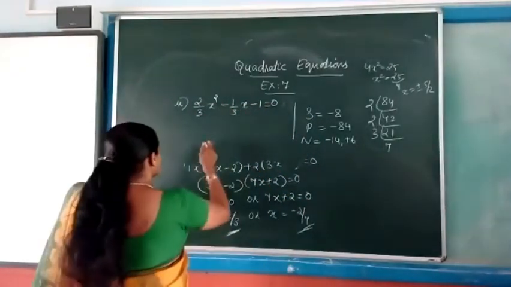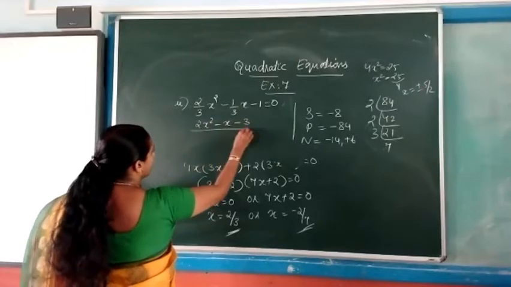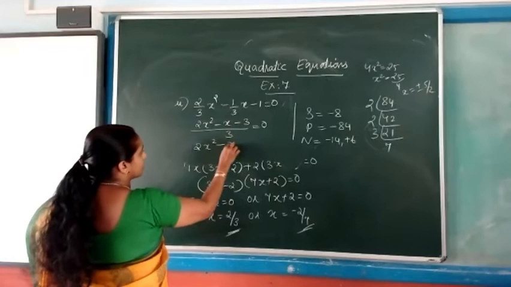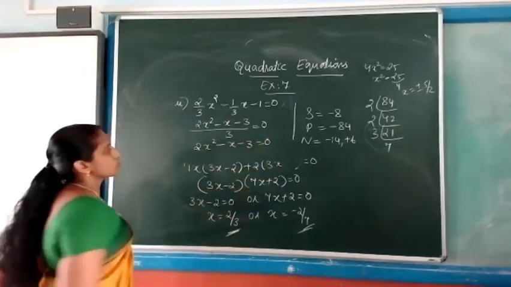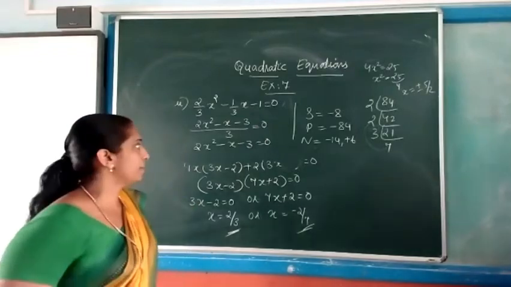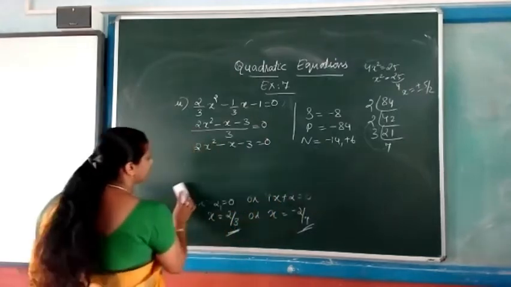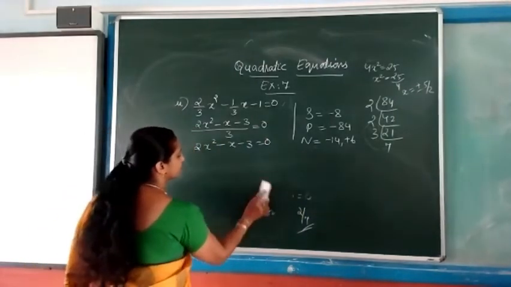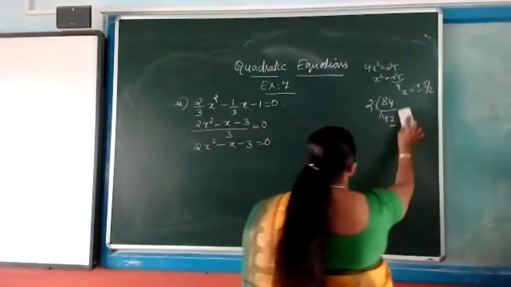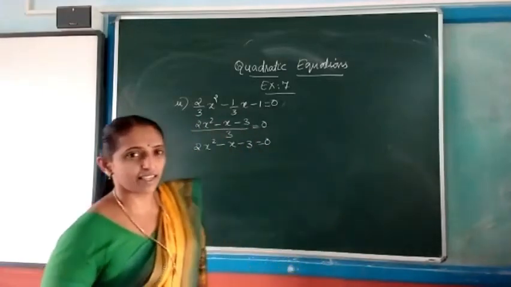So you will simplify it to 2x square minus x minus 3 upon 3 equal to 0, or you are getting the standard equation 2x square minus x minus 3 equal to 0. Numbers minus 3 plus 2. Sum is minus 1, product is minus 6. So numbers will be minus 3 plus 2.